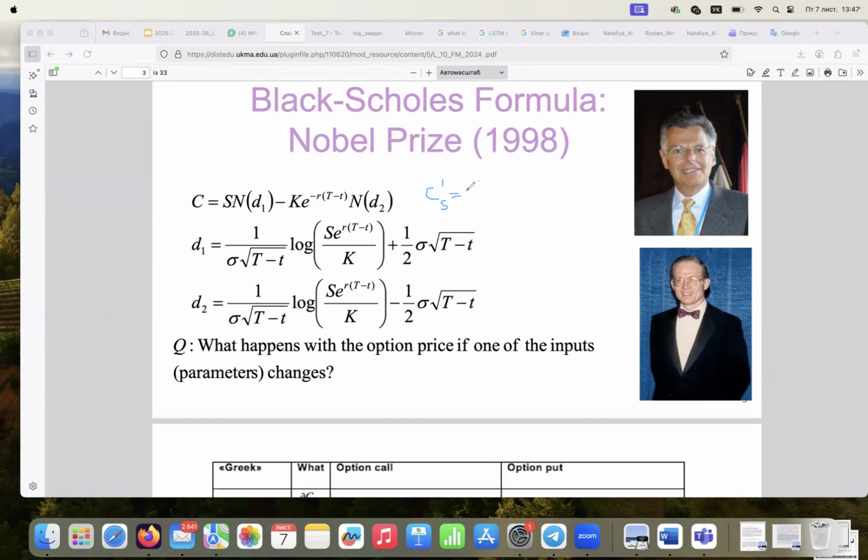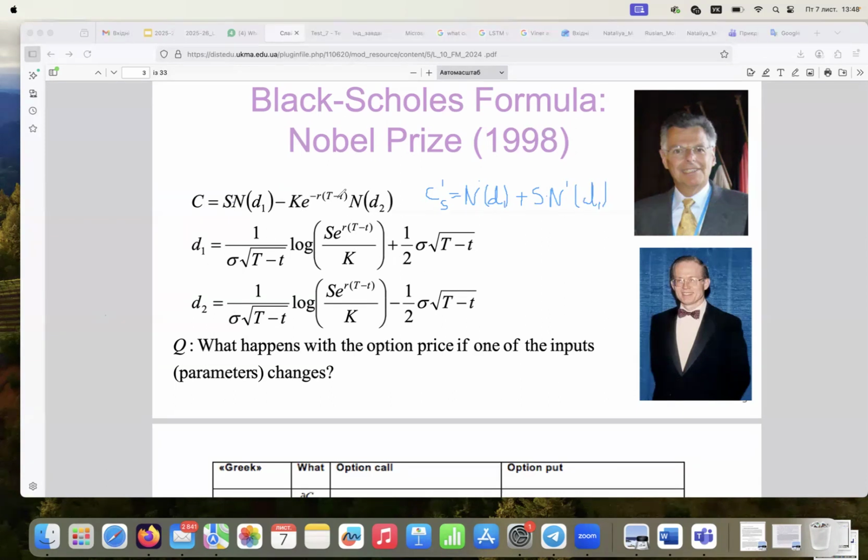So I need to write N from d1, and after that minus N d2. But d1 should be differentiated: the derivative of the first factor multiplied by the second, plus S multiplied by the derivative of N d1, because d1 depends on S.